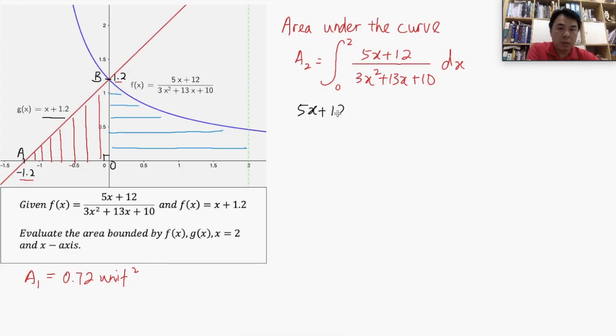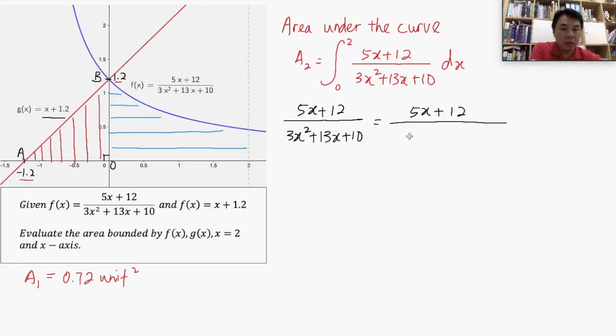(5x + 12) over (3x squared plus 13x plus 10). Now, first of all, we have to check whether we can factorize the denominator. In this case, from experience, we notice that this is quite easy to factorize.